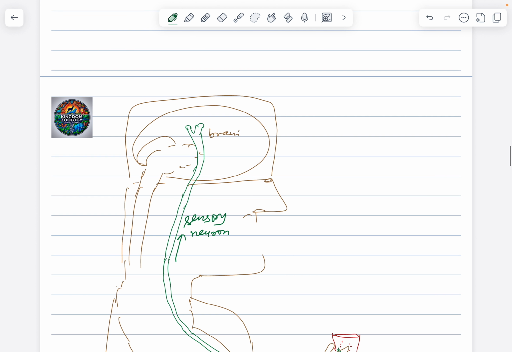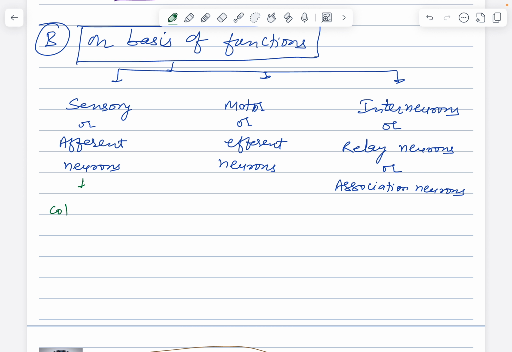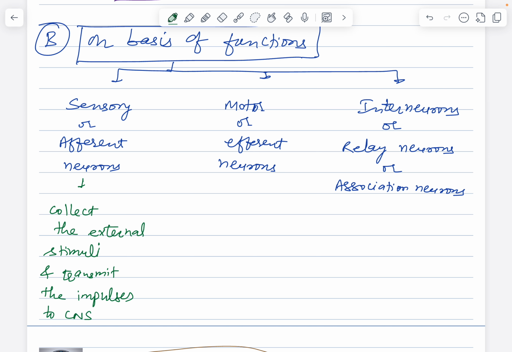So if I go to the definition here, sensory or afferent neurons are the ones that collect the external stimuli and transmit the information about these stimuli to the central nervous system, collecting the external stimuli and telling your brain about those external stimuli.